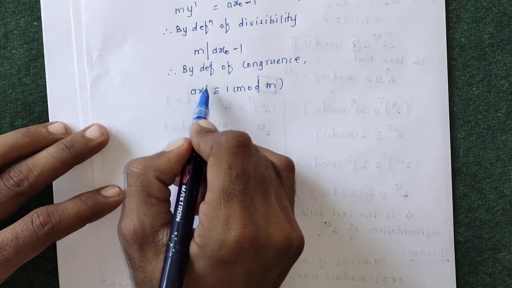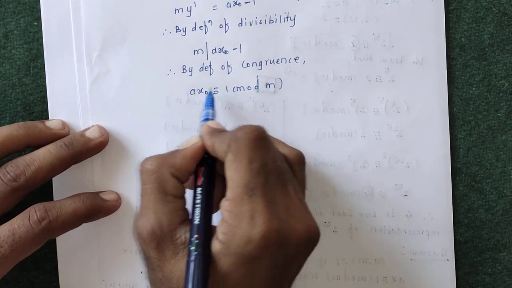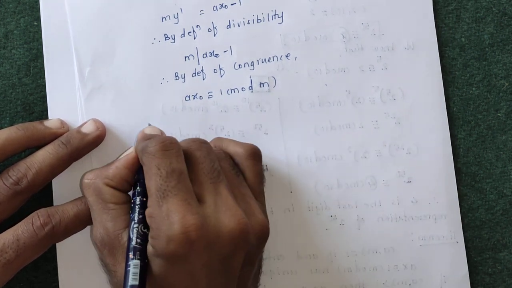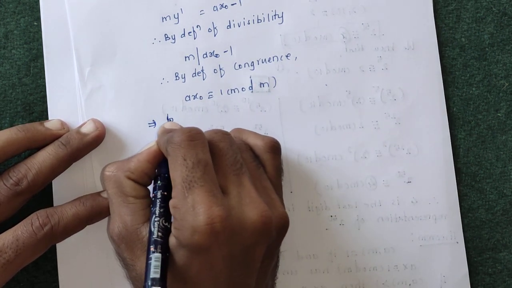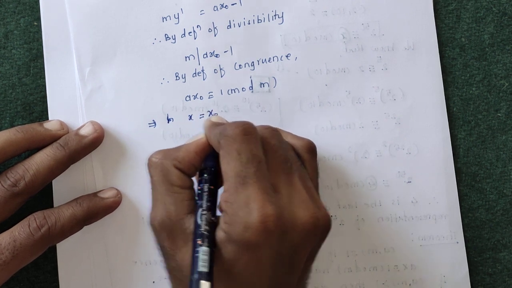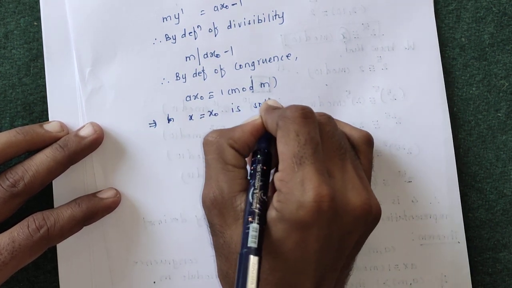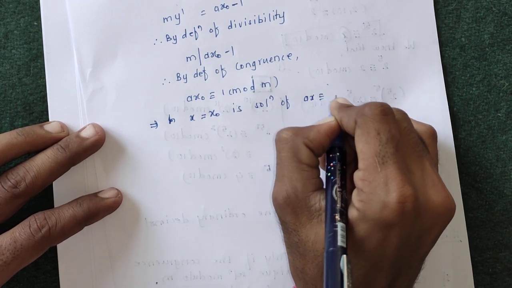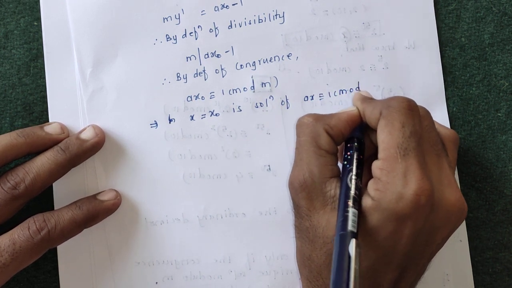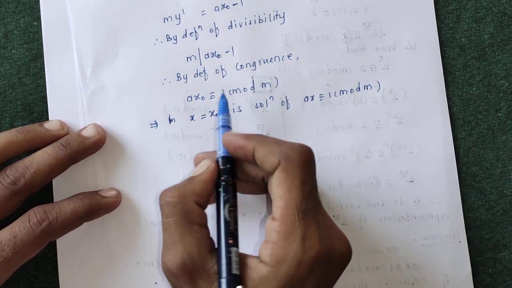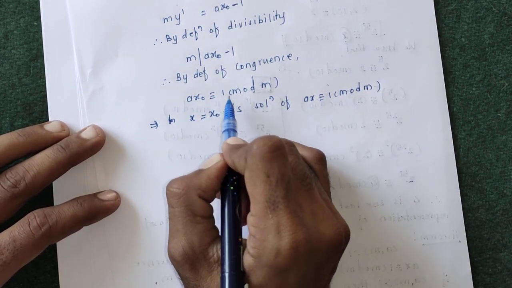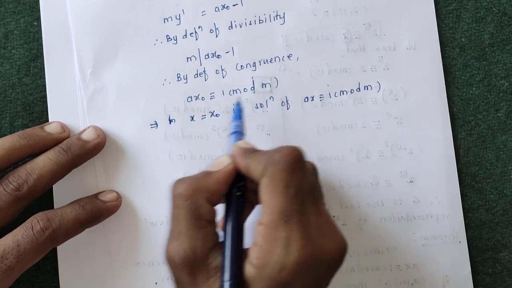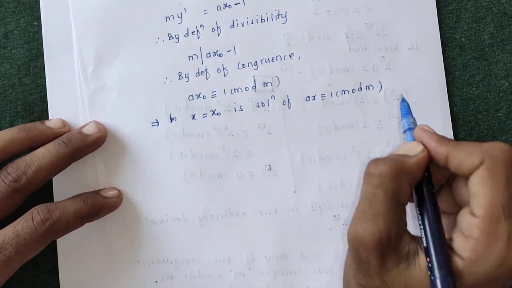Hence there exists an integer x naught which satisfies the congruence a x is congruent to 1 mod m, which implies that x equals x naught is a solution. Since we have written a x naught is congruent to 1 modulo m, this looks like a x is congruent to 1 modulo m, so x equals x naught is a solution of this congruence.